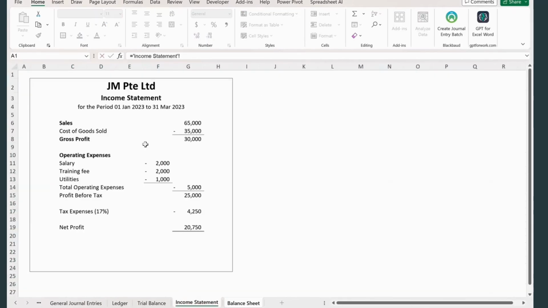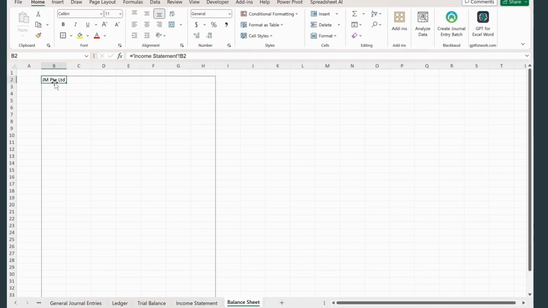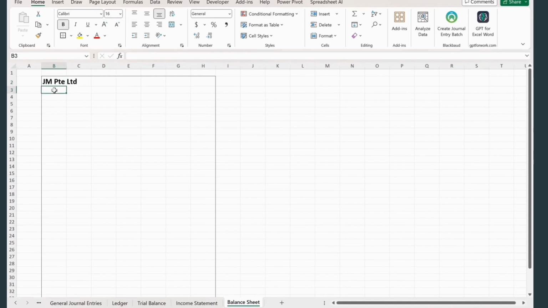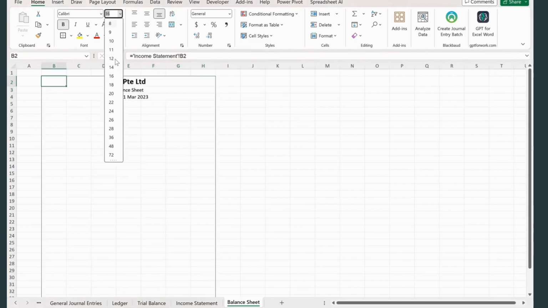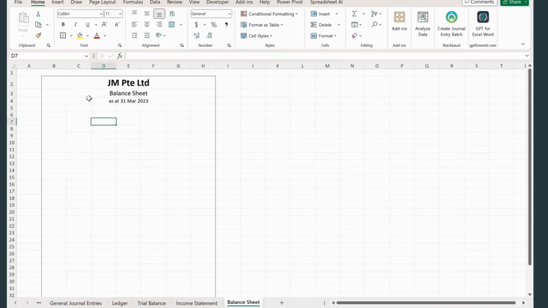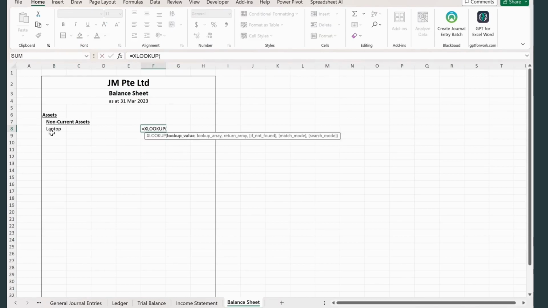Here we are preparing our balance sheet. Same, we copy the name, increase the size. Balance sheet as at 31st March 2023. Assets, non-current assets, laptop, 1005.